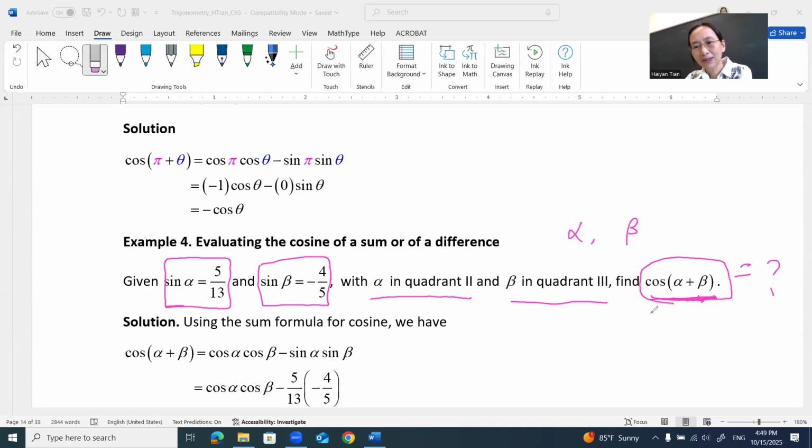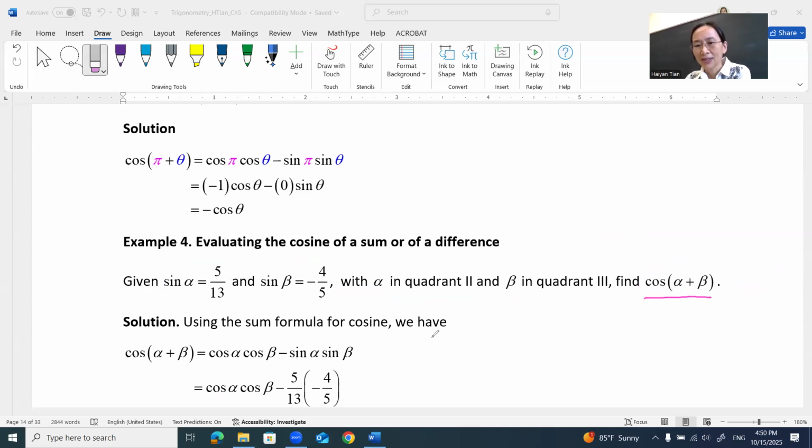Immediately we want to use the sum formula for cosine, because we have this cosine of a sum. That is the formula we hope to use. But in order to use the formula, what do we need to know? The formula says I need to know cosine alpha, cosine beta, minus sine alpha, sine beta.